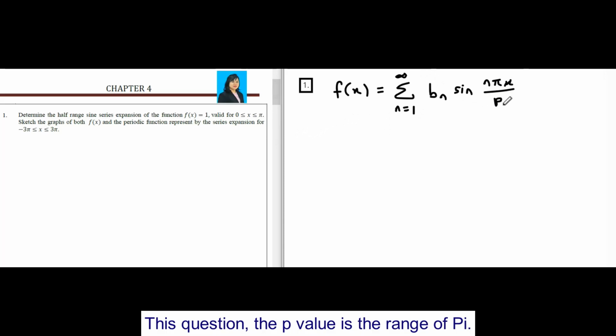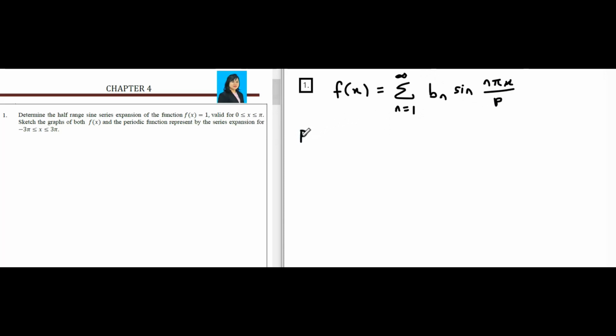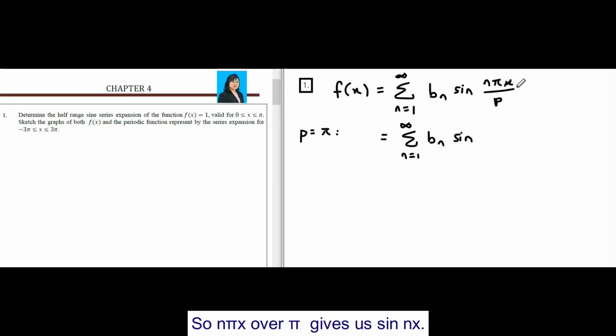In this question, the p-value is the range of pi. So n pi x over pi gives us sine nx.